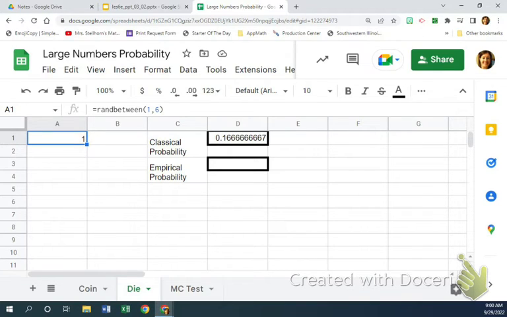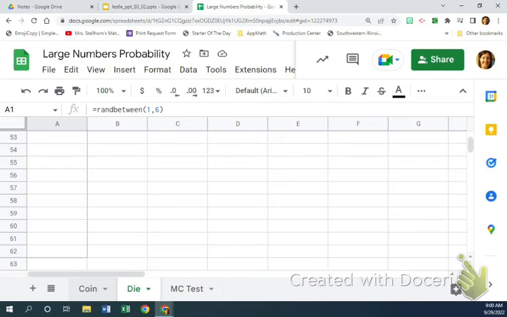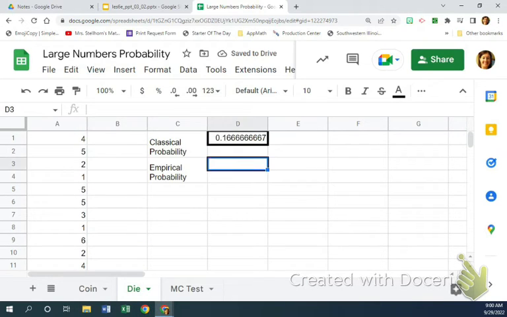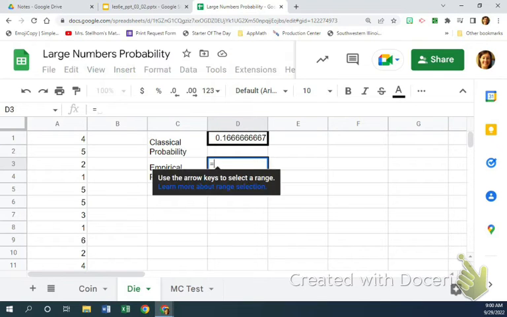So I'm going to reselect the cell and copy and paste it for 100 trials. There we go.